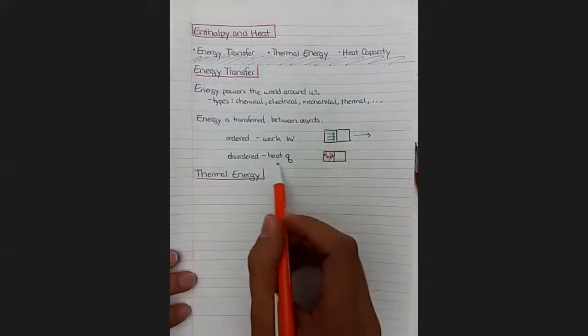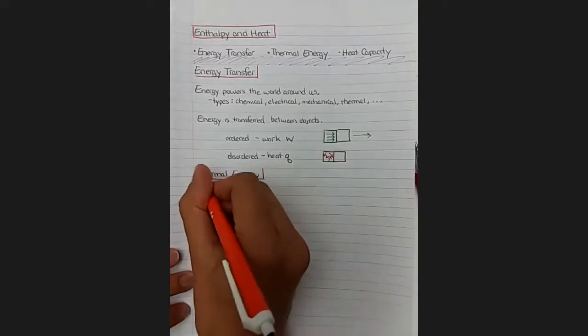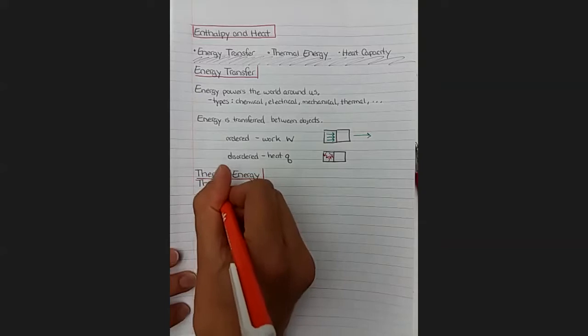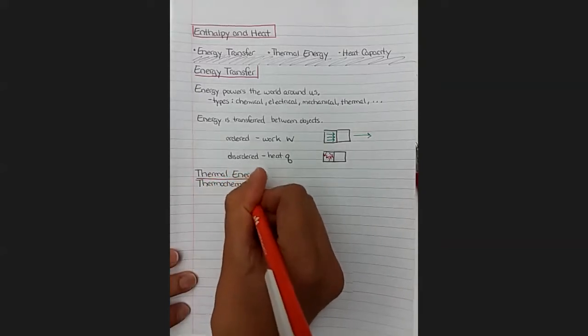We are going to care more about the second kind, the disordered kind, here at the beginning of the chapter, because this chapter is about thermochemistry, which is about heat.